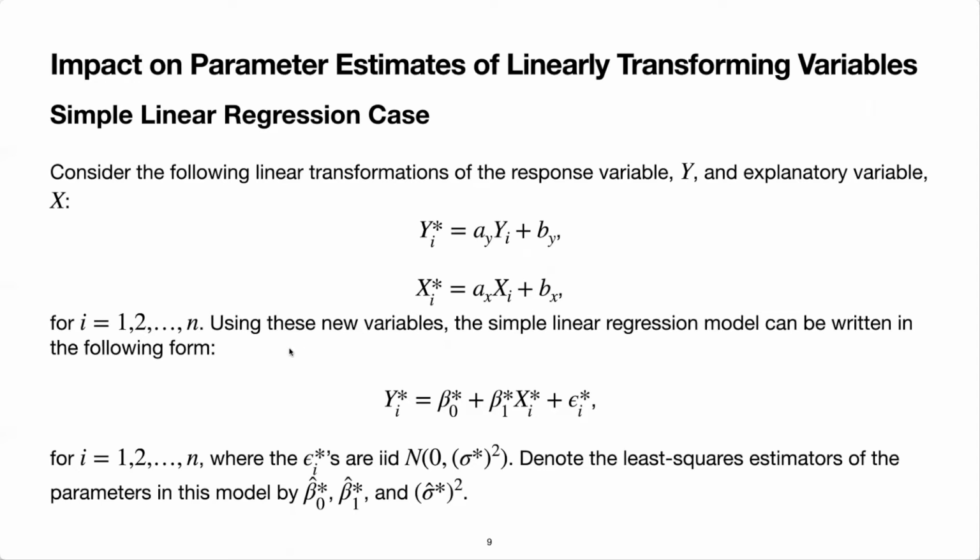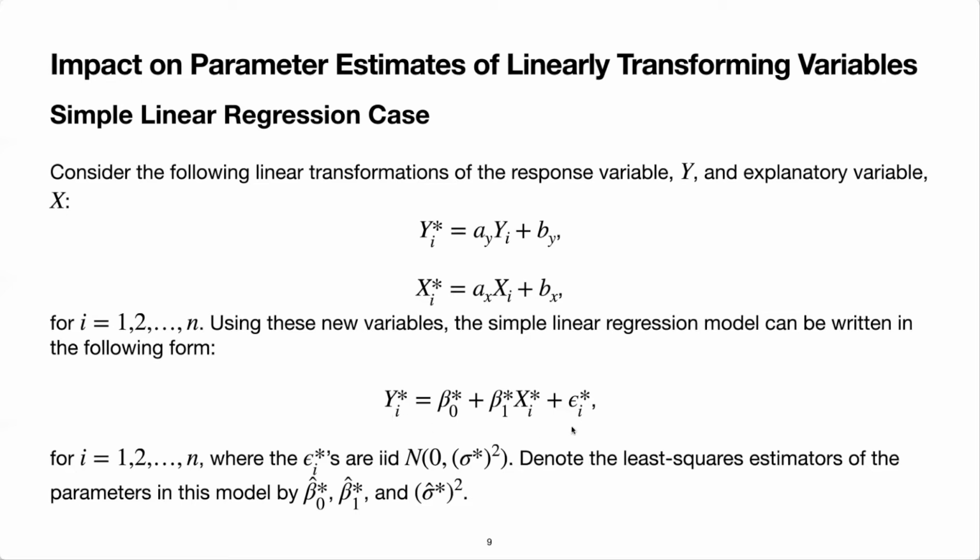Now, using these new variables, the simple linear regression model can be written in the following form: y sub i star equals beta 0 star plus beta 1 star times x sub i star plus epsilon sub i star.